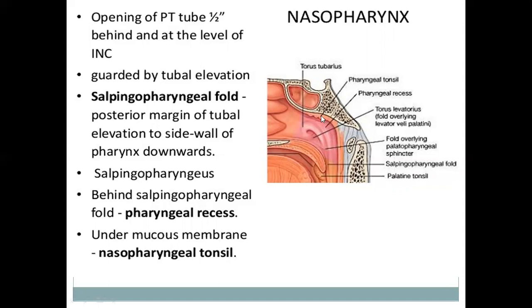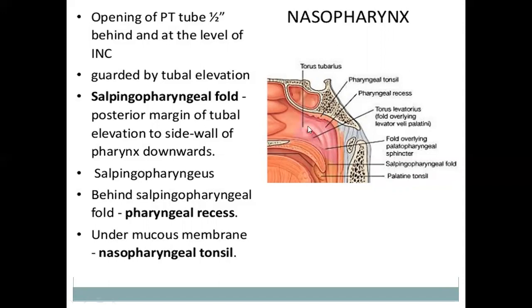The patient with adenoids also feels deafness because of the blockage of the pharyngotympanic tube, and also suffers from repeated middle ear infections. This is all because of the adenoids. It closes the posterior nares, and that's why the patient snores at night and respires through the mouth.